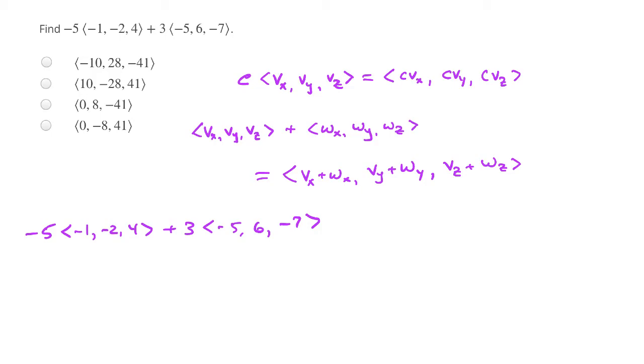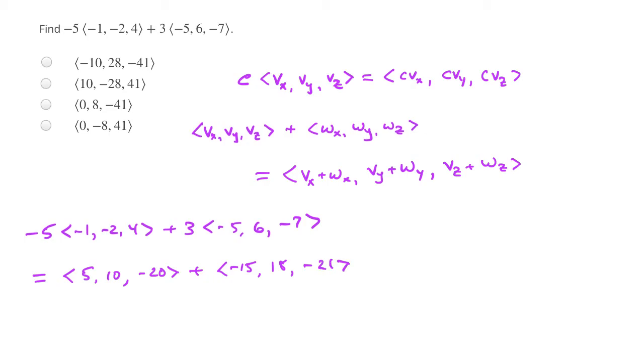Well, distributing that scalar, actually doing the scalar multiplication, is going to give us a vector of 5, negative 5 times negative 2, giving us positive 10, negative 5 times positive 4, giving us a negative 20. Doing the same thing with the 3 times the negative 5, giving us negative 15, 3 times 6 gives us 18, and 3 times a negative 7 gives us a negative 21.